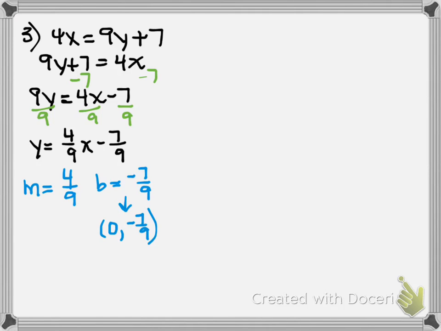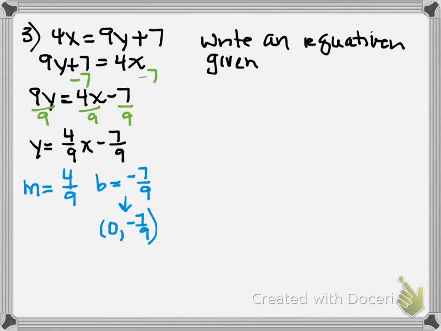Okay, now I'm going to show you one more thing that may show up on your homework tonight. I think it does. And that changes your directions. The directions would be: write an equation given slope and y-intercept.